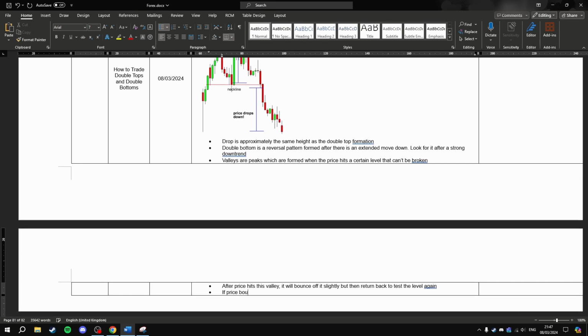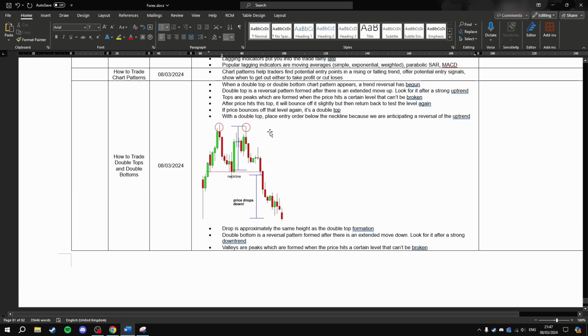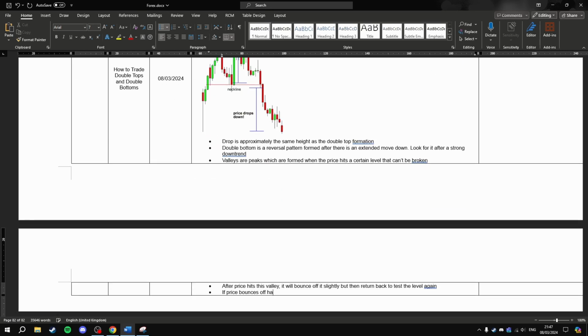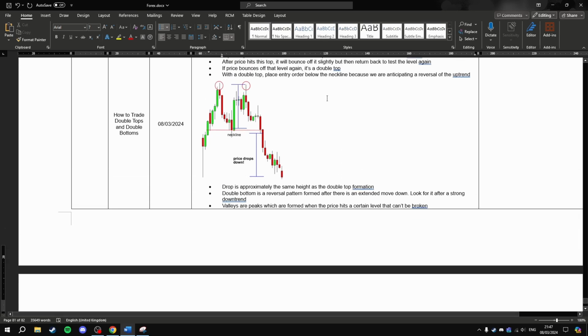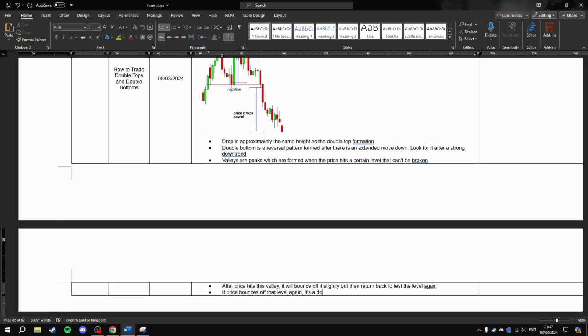If price bounces off that level again, it's a double bottom.